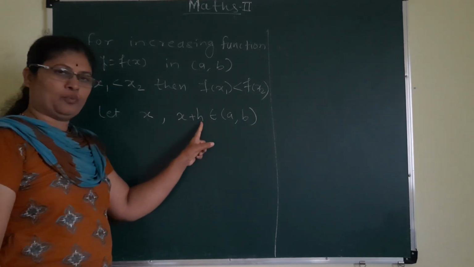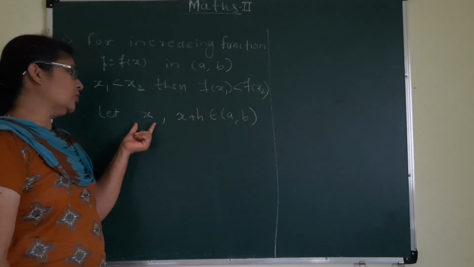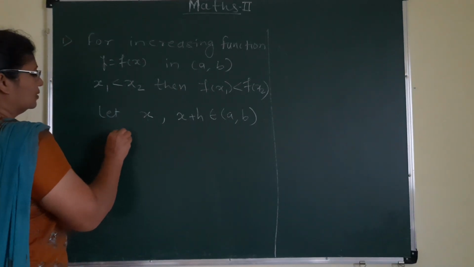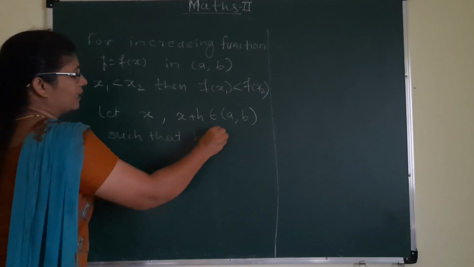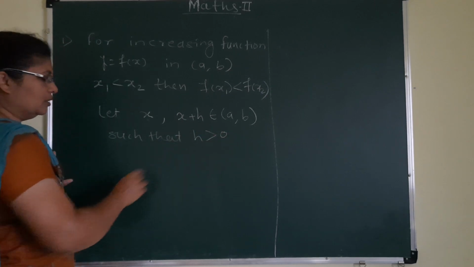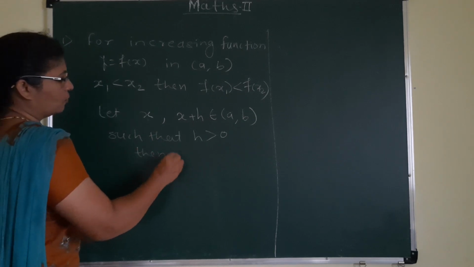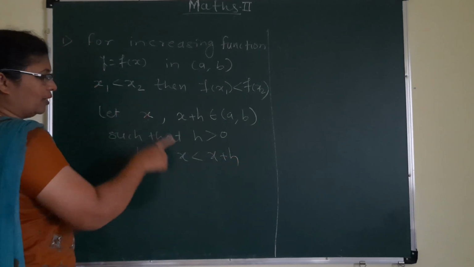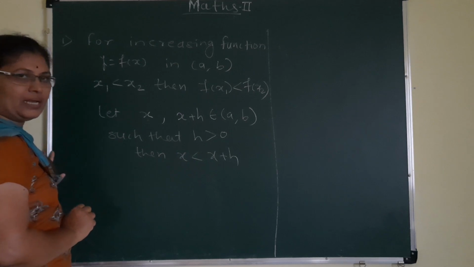Clearly h is a smallest positive number, h is greater than 0, so clearly x plus h is greater than x, that is x is less than x plus h. So here for x1 I will consider x and for x2 I will consider x plus h.